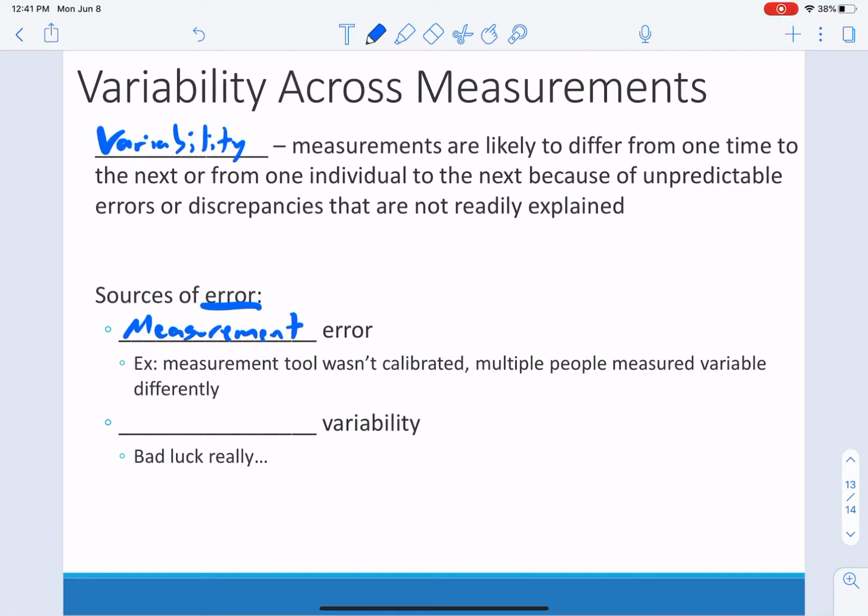Then we also have this idea of natural variability, which is just bad luck. I like to use the example of a 5K. A 5K run, 3 point whatever miles.